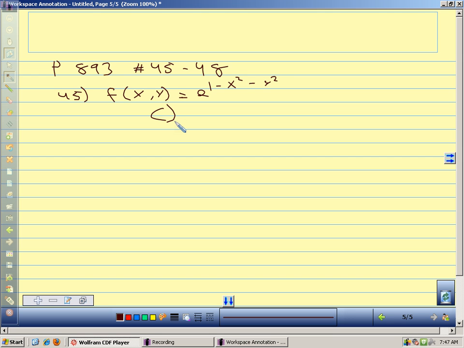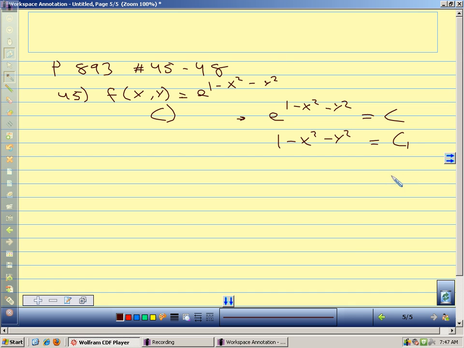Now if you wanted to do this analytically, if they didn't give you the level curves and you needed to figure out what the level curves of this function look like, you would set e to the 1 minus x squared minus y squared equal to a constant. Take the natural log of both sides, so we get 1 minus x squared minus y squared equals the natural log of a constant, which is just some other constant.